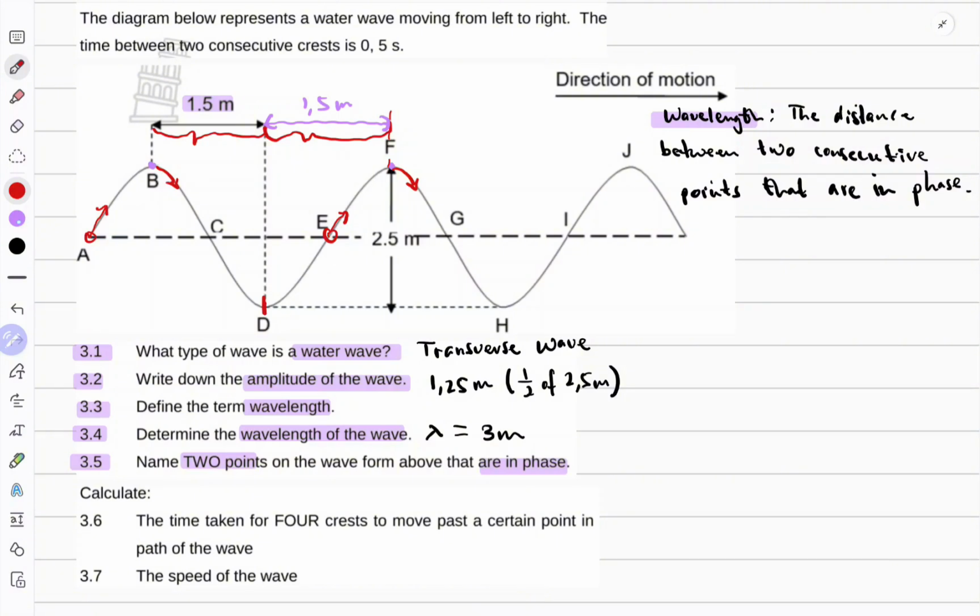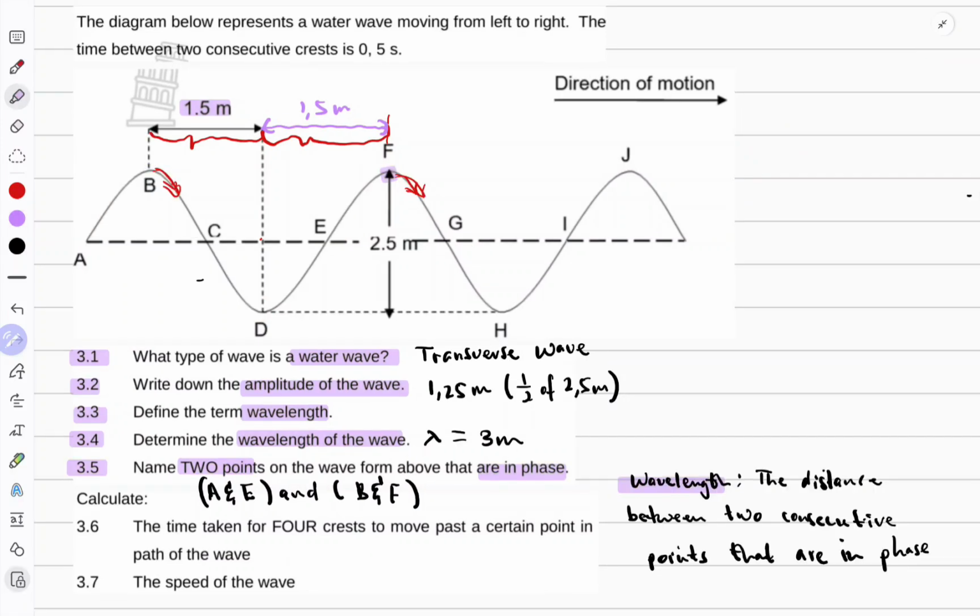And point B and point F are on the crests and they lead to a downward disturbance of the wave. So the 2 pairs of points of interest are points A and E, and points B and F.